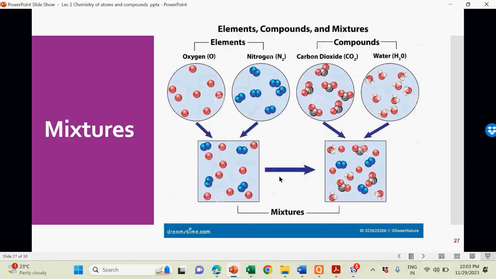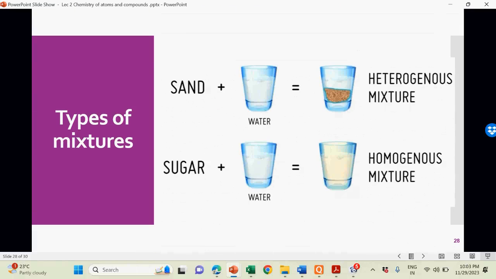And as you know, mixtures can be either homogeneous mixtures, where they have some common forces between their components and their particles, or they can be heterogeneous mixtures. Like the example, sand and water can mix with each other, forming a heterogeneous mixture. In other words, it's unmixable.